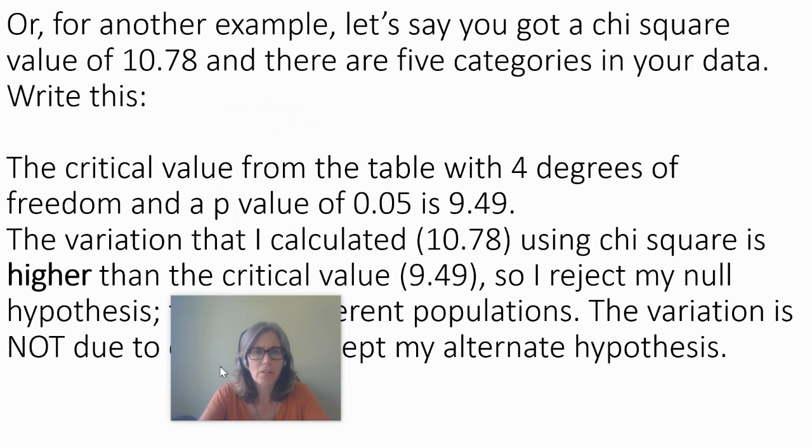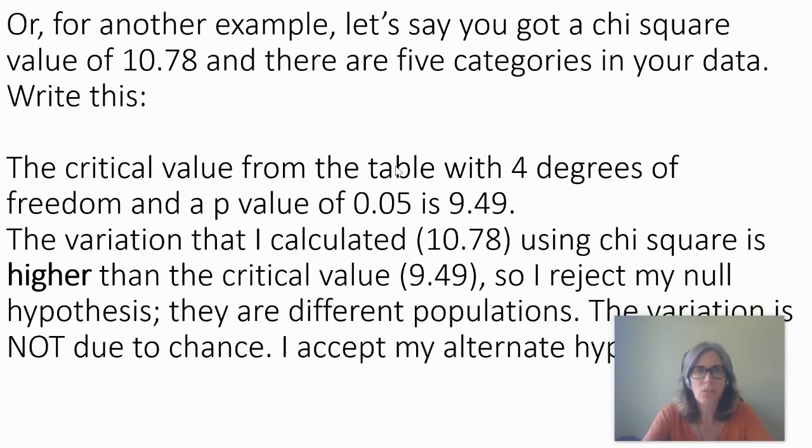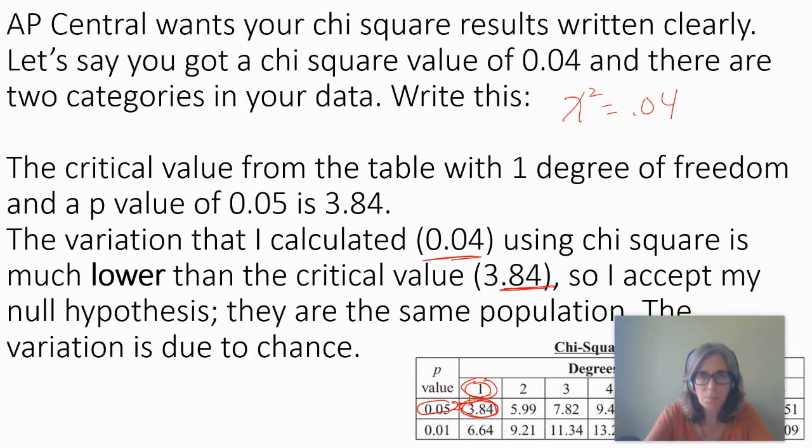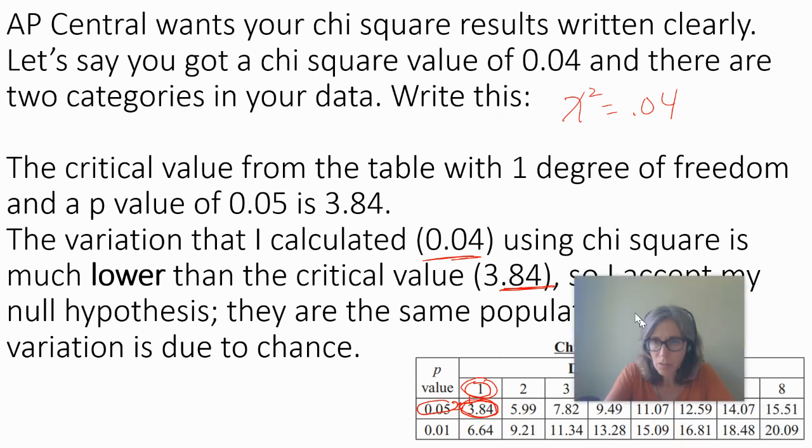Let's say you do another example and you come up with a chi-square value of 10.78. You have 5 categories, so that means your degrees of freedom would be 4, right? 5 minus 1. And so if you look at that, 4 degrees of freedom, I didn't put this chart in there.